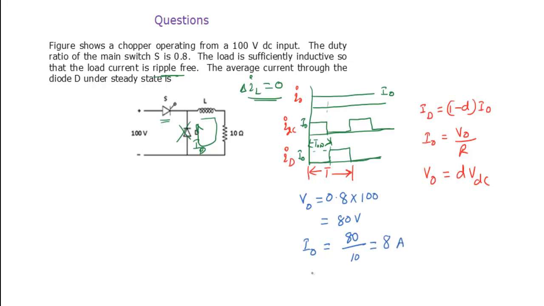So the diode average current is 1 minus 0.8 multiplied with 8, so 0.2 into 8, which is 1.6 ampere. The remaining current is supplied from the source when the switch is on. That's why the average value of the switch current is the remaining, that's nothing but 6.4 ampere.